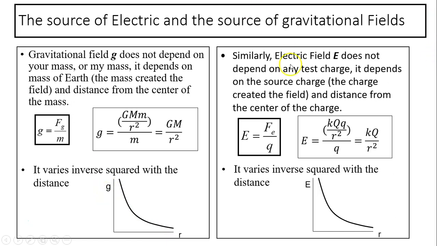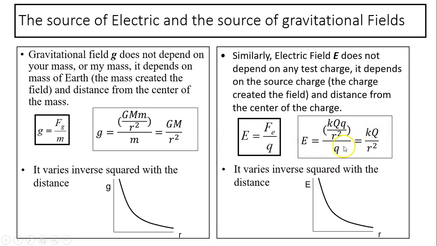Similarly, electric field does not depend on any test charge. So my mass or your mass or the mass of the calculator is kind of like a test charge. So the electric field does not depend on the test charge. It only depends on the source charge. In the same way, gravitational field depends on the mass of the Earth. This mass of the Earth is like the source charge, like big Q, that's a source charge.